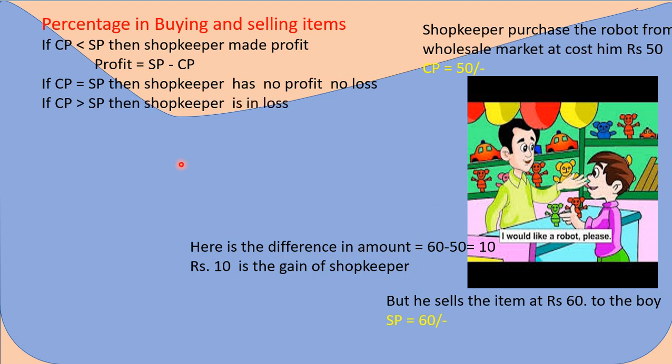So we can say when the cost price is greater than the selling price, the shopkeeper is in loss, and loss is equal to cost price minus selling price. Now this profit and loss we calculated in amounts, or in the form of rupees.